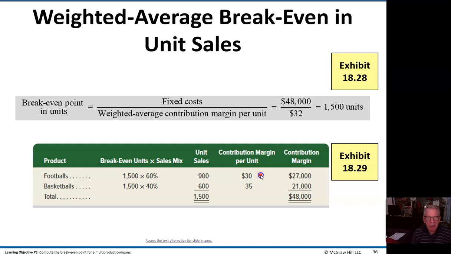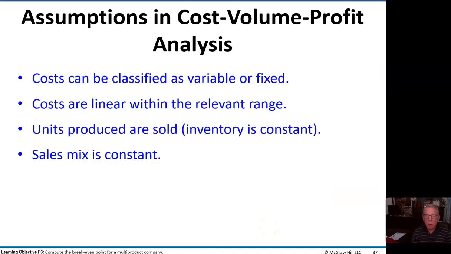I multiply them through times their respective contribution margins per unit, and I get my contribution margin of $27,000 for football and $21,000 for basketballs. And of course, it totals $48,000 at break even.